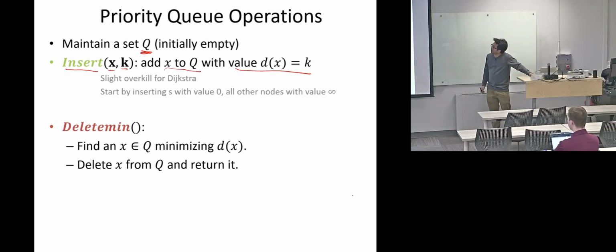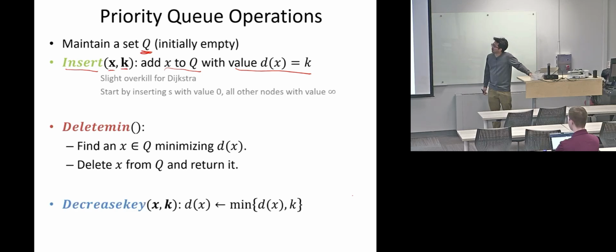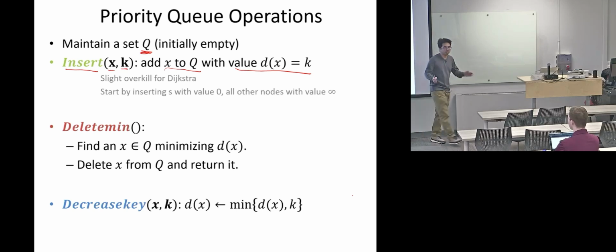What else can the heap do? It can decrease key. That is, look at any element with the value k, then you just decrease the value of this element to at most k. You can decrease the key.